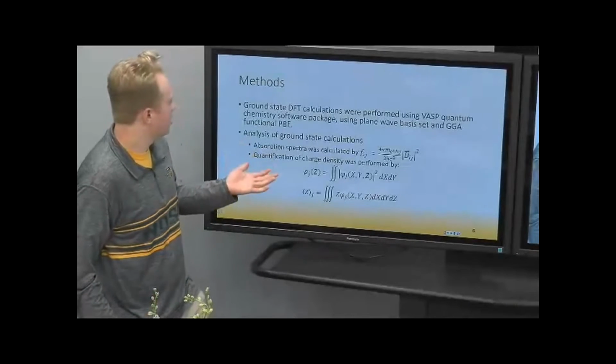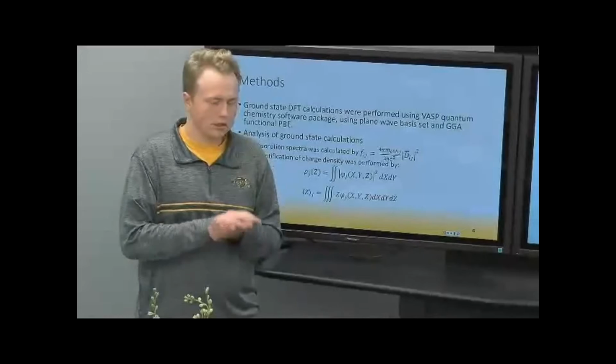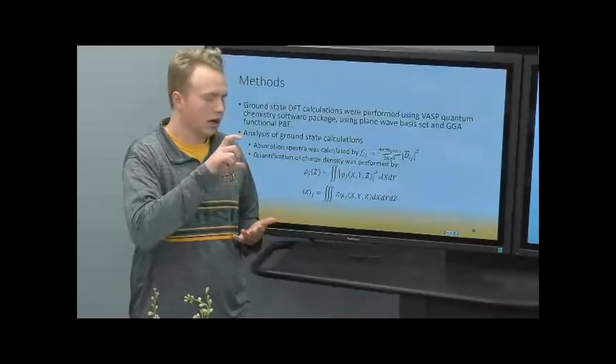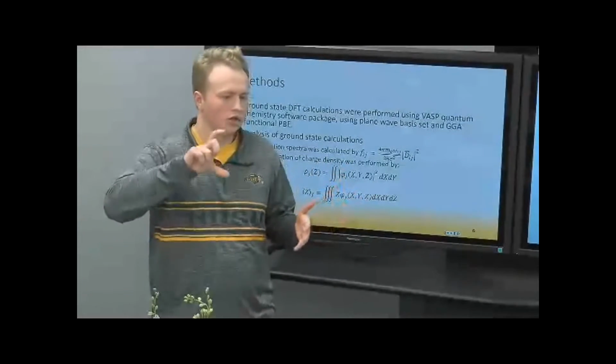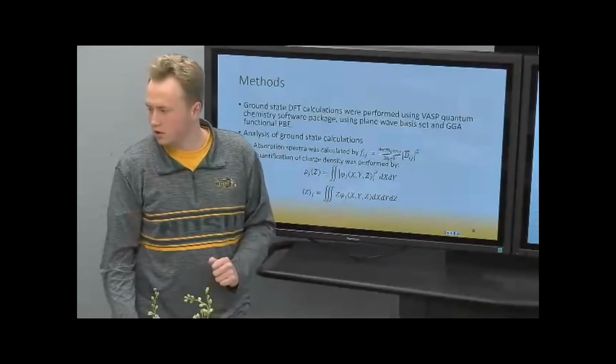For the methodology, just like everyone else, I use VASP with the GGA functional PBE. My main tool is collapsing the orbitals into either one dimension or two dimensions, so we have z and then the amplitude, or just the center of mass, given by these equations.